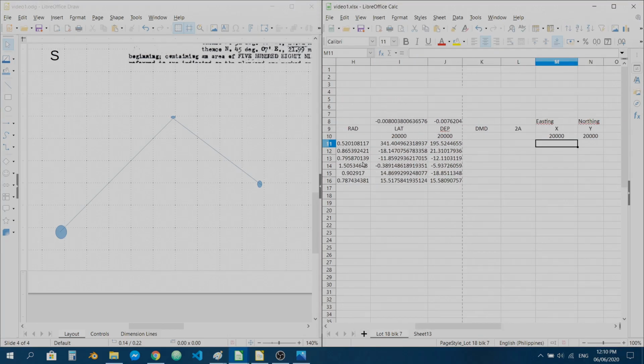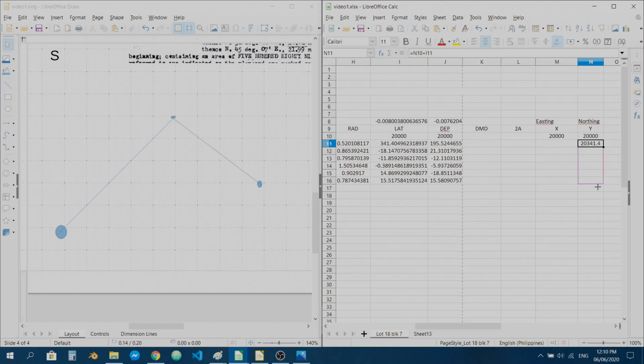Latitude refers to the y. So, equals yan. That's the initial point. Then, dagdagan tayo. Plus natin. Kung pataas tayo, since pataas tayo dito, so definitely, mag-increase.